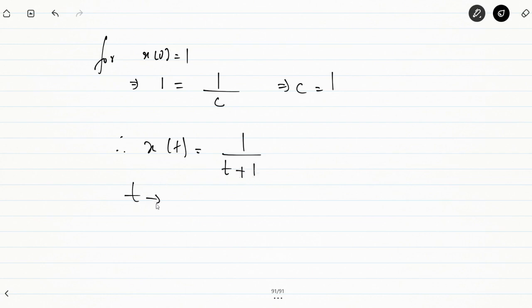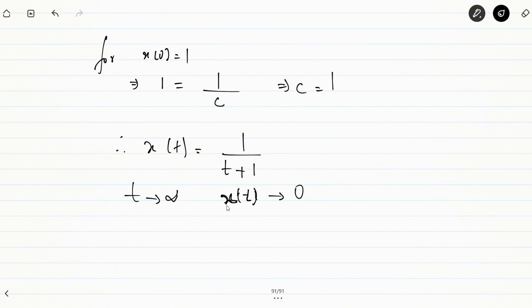So as t tends to infinity, x(t) tends to 0. So you can see that for any initial condition, if you take, say for example, x naught equal to 2, 3, 4, the solution will accordingly be 1 by t plus c, where c will be 1, 1 by 2, 1 by 3.